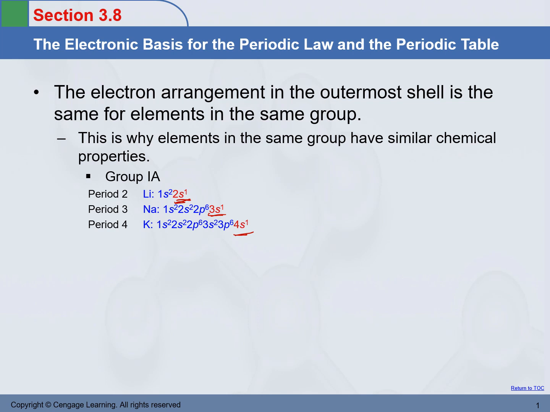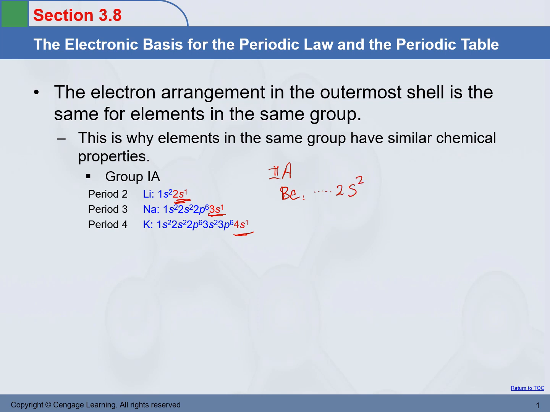If we go to group 2A, the element next to lithium will be beryllium, right after lithium in period 2. If we write out the electron configuration, the outermost shell will be 2s2, 2 electrons here.